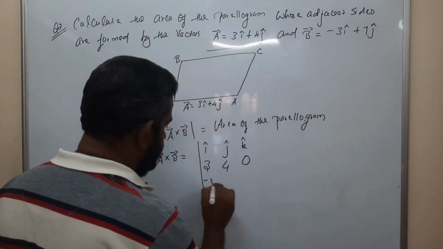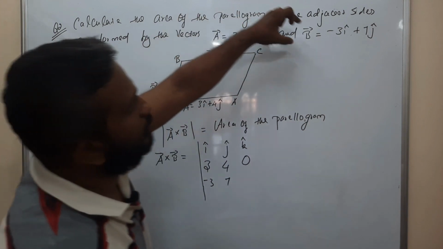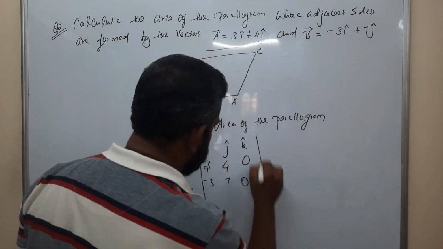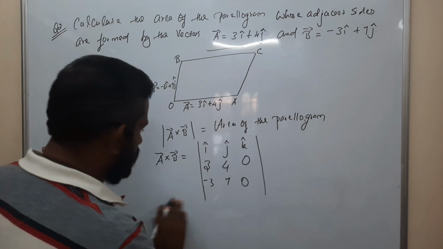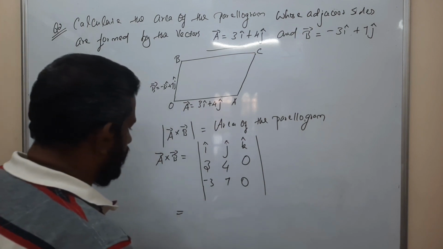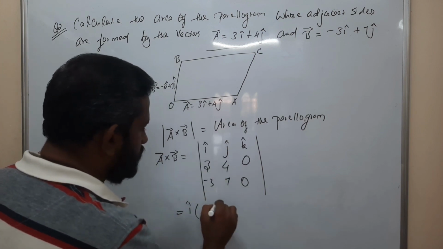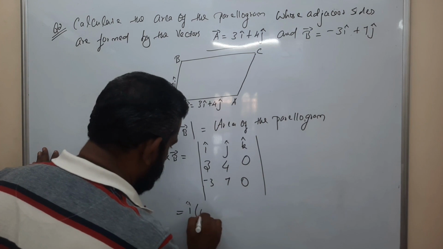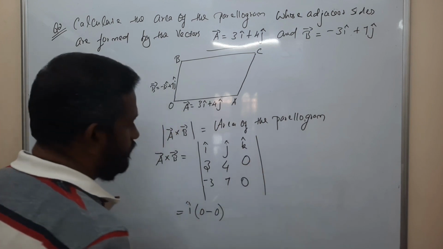So minus 3, 7, that is the component of B vector, then K component is 0. So that's equal to I cap into, cut this column and this row, so 4 into 0, 0, minus 7 into 0, that is 0.